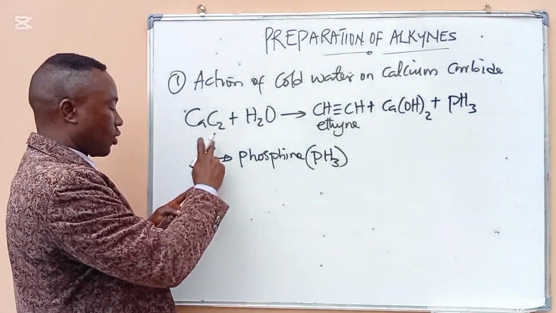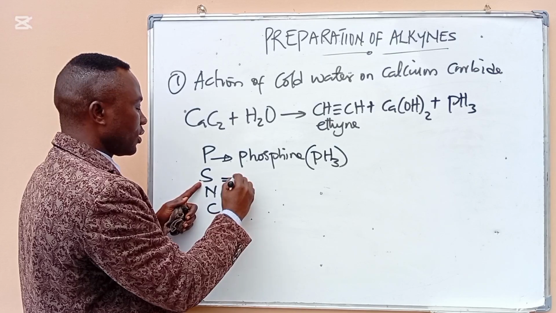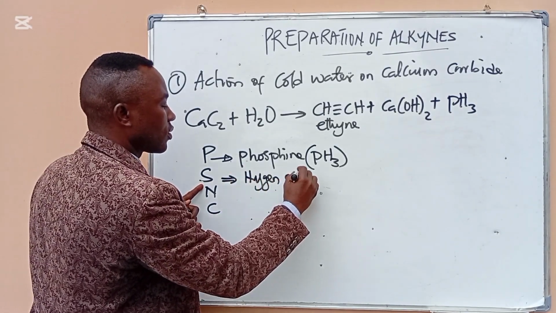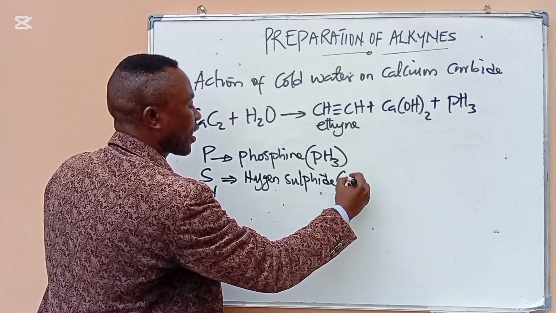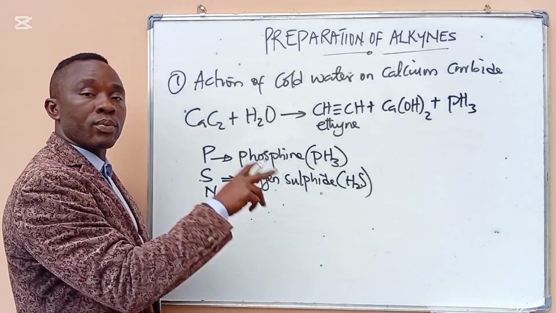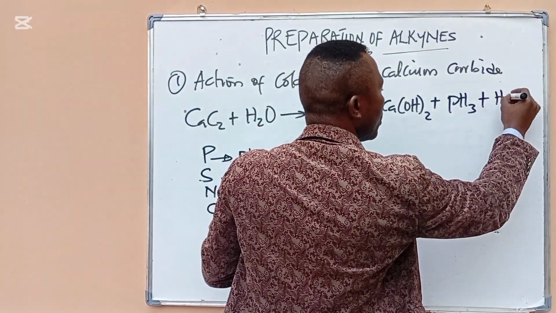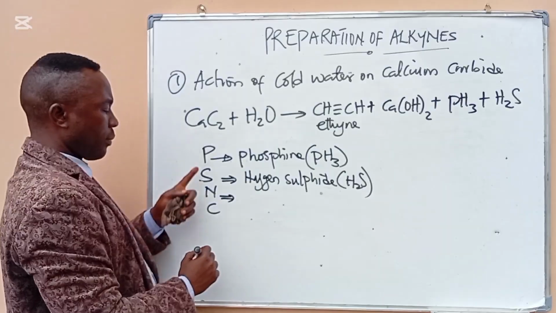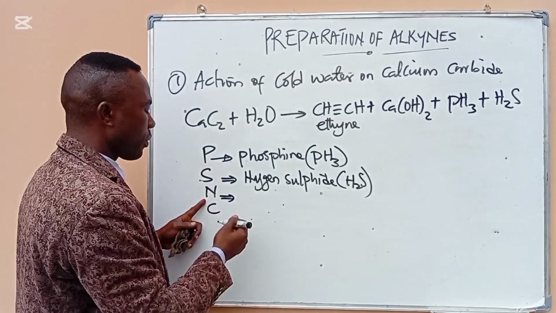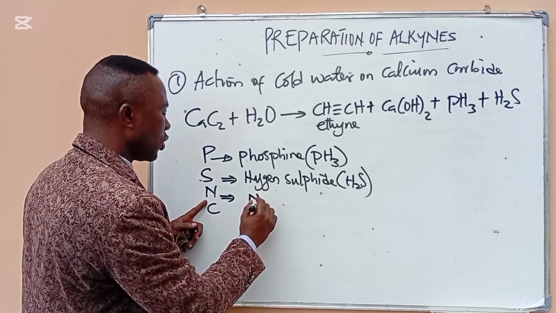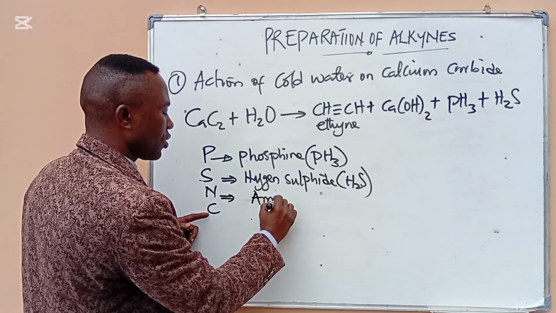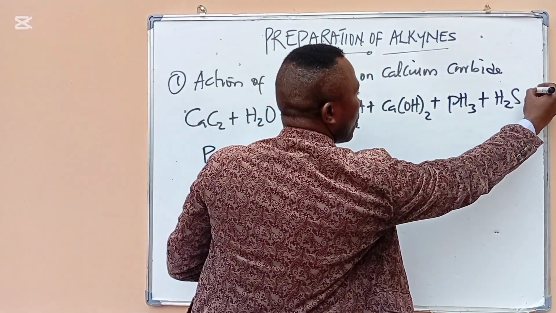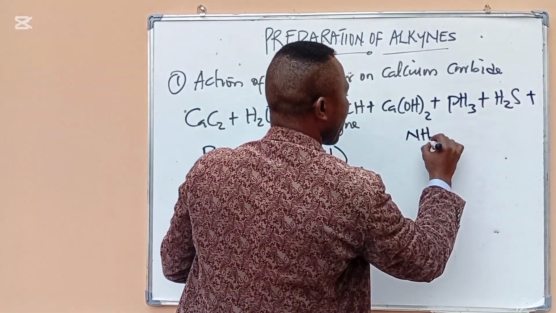If this calcium carbide contains sulfur impurity, we'll be getting hydrogen sulfide, H2S, as part of the product. If it contains nitrogen impurity, we'll be having ammonia, NH3, as part of the product.